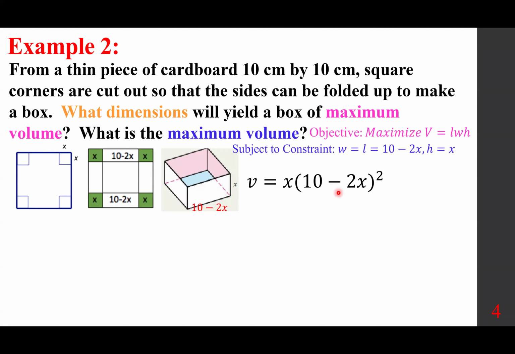If you set 10 minus 2x equal to 0, also gives you the same thing, x equals 5. And it has to be less than that because 10 minus 2x is one side, the width or the length. So we have this domain, which is an open interval of 0 to 5.